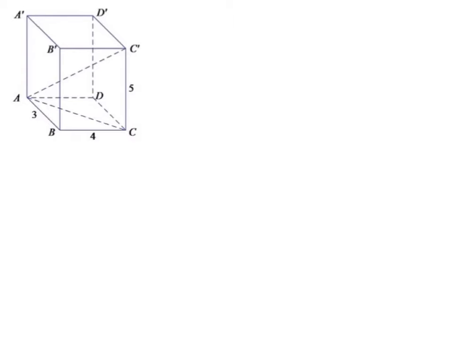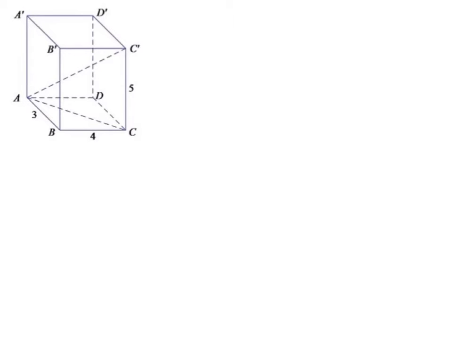Would you say that line B, B prime, right here, is perpendicular to the base? Yes, I would, because it's a right rectangular prism, so this line is perpendicular to that base and this top face. Is there any way we can draw another line through B that would also be perpendicular to the base?